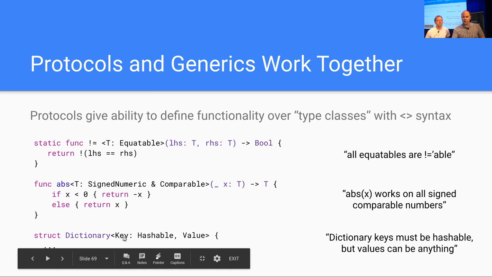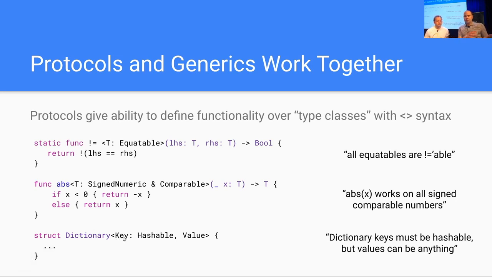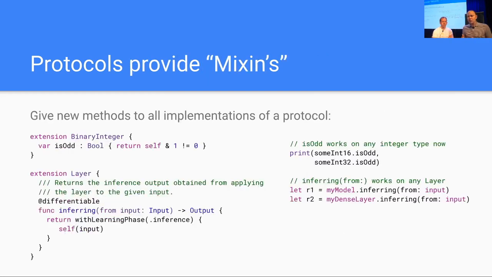With dictionary, the keys in a dictionary all have to be hashable. This is how the dictionary does its efficient lookups and things like that. The value can be anything, though. All these things stack together and fit together like building blocks. One of the really cool things is that we can take this further. We talked about not equal building on top of equal. In the last lesson, we defined this is-odd function on int.